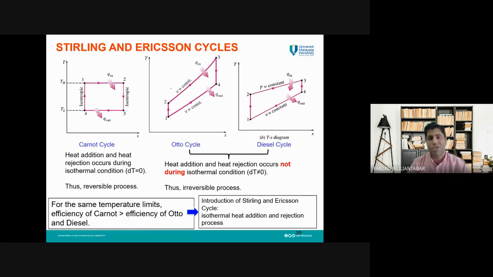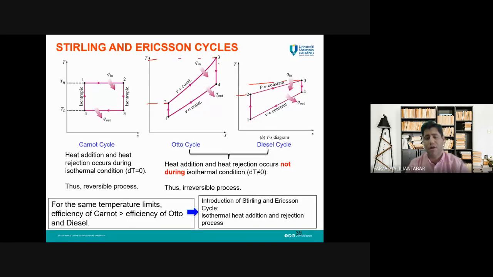It means, can we change the spark ignition engine? How about here? Can we change this process for the diesel engine? Actually, we will always have this problem. In other words, without this constant volume process, without this constant pressure process, these cycles will not work. So we will always have this irreversibility and these problems.